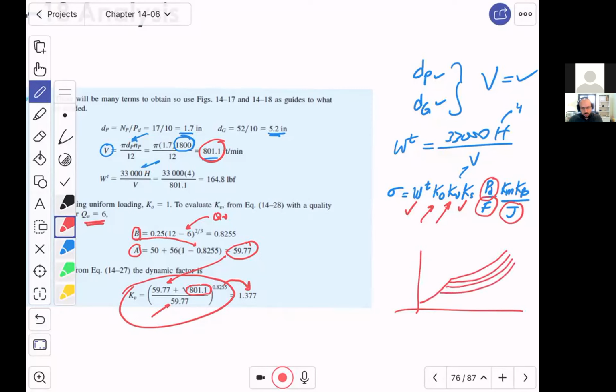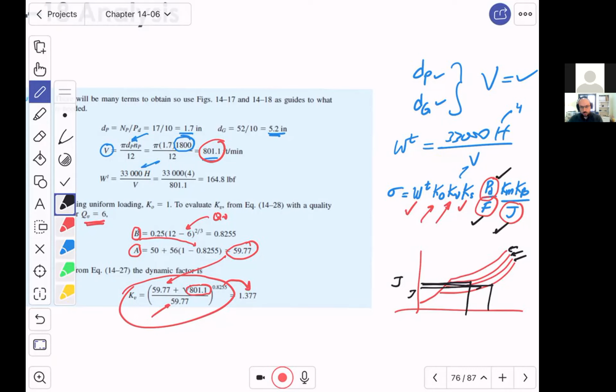And I told you that if you know the number of teeth for the pinion, and these curves are for the mating teeth, then you should be able to know what is J for the pinion. And if you know the number of teeth for the gear and the one for the pinion, the mating gear is going to be the pinion, you will have another J. But these two J's were given to us in the question, but if they were not, then you can find them from the curve. So this J is known, this F is known, this PD is known.